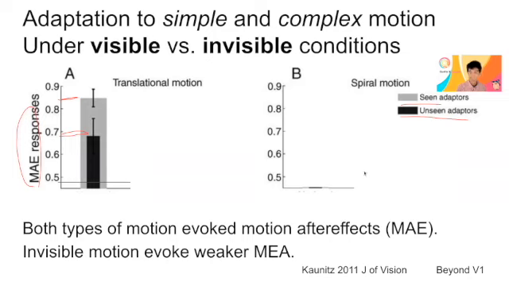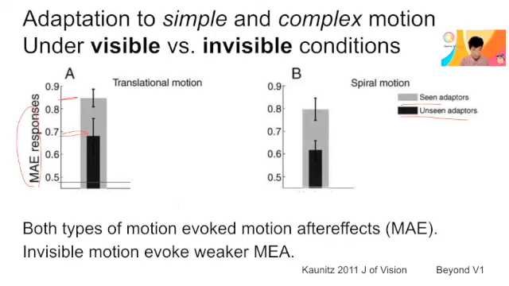This is all consistent with Blake's study and Shanghai study of the orientation dependent aftereffects. On the other hand, if they used the spiral motion, which is more complex, then what they found was that seeing one produced a very strong adaptation, but unseen ones generated a much weaker one, almost close to chance. But still, we can do this.